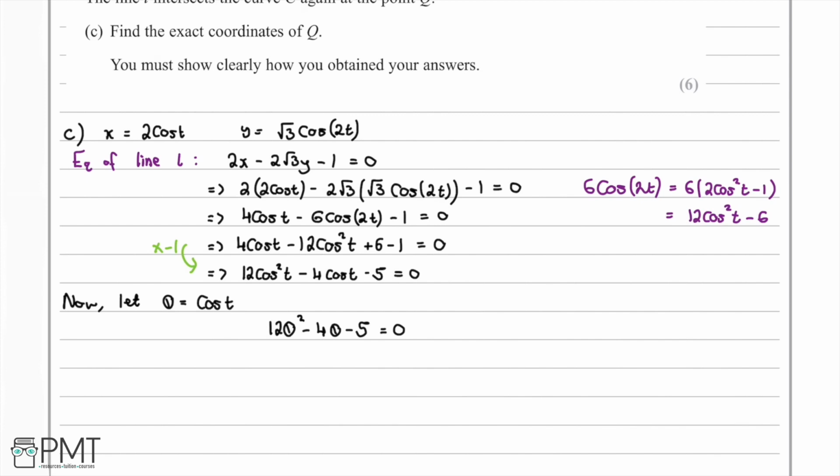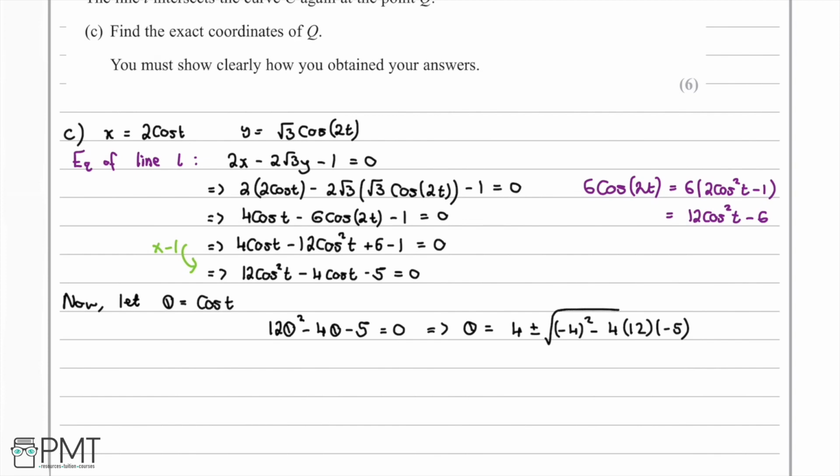So now we can solve for theta using the quadratic formula. Theta is going to be equal to 4 plus or minus the square root of 4 squared minus 4 lots of 12 multiplied by minus 5.